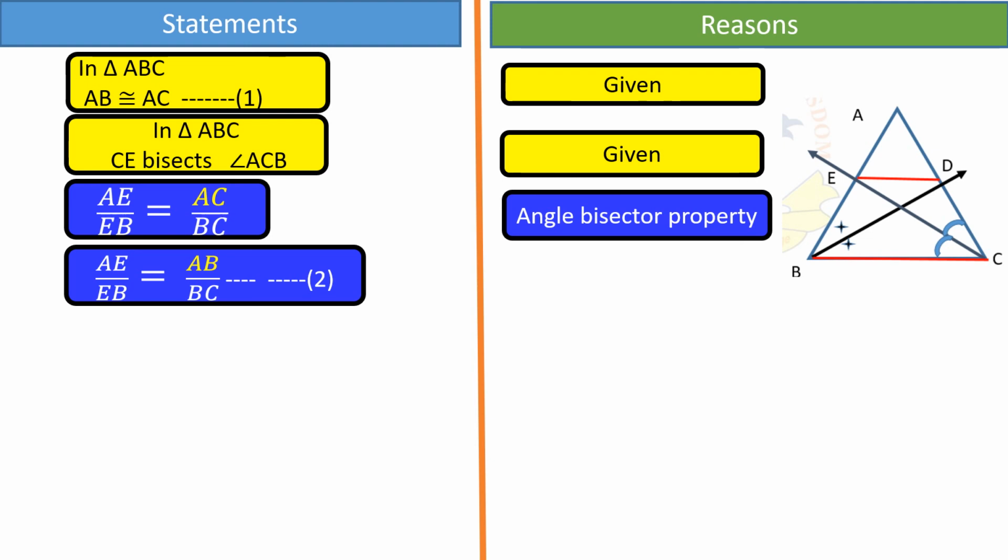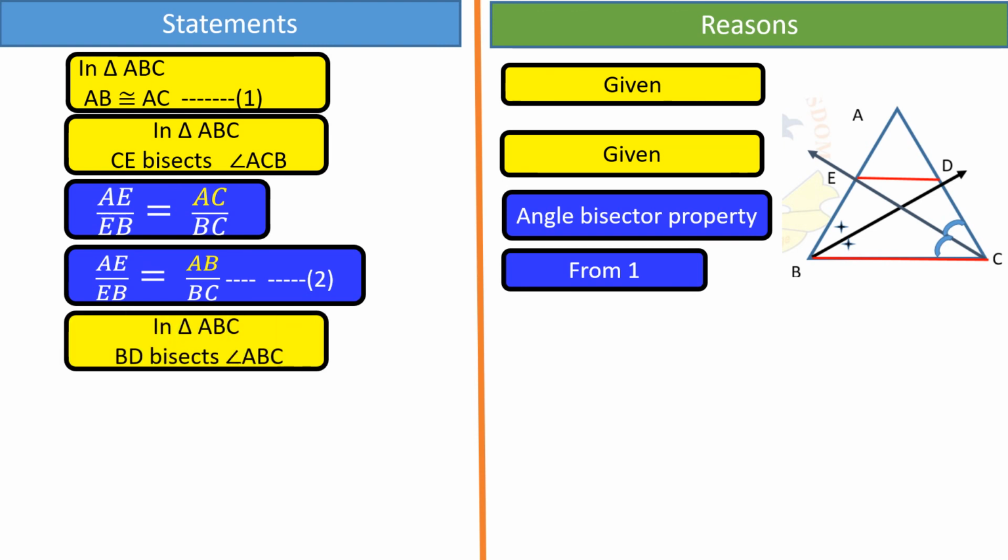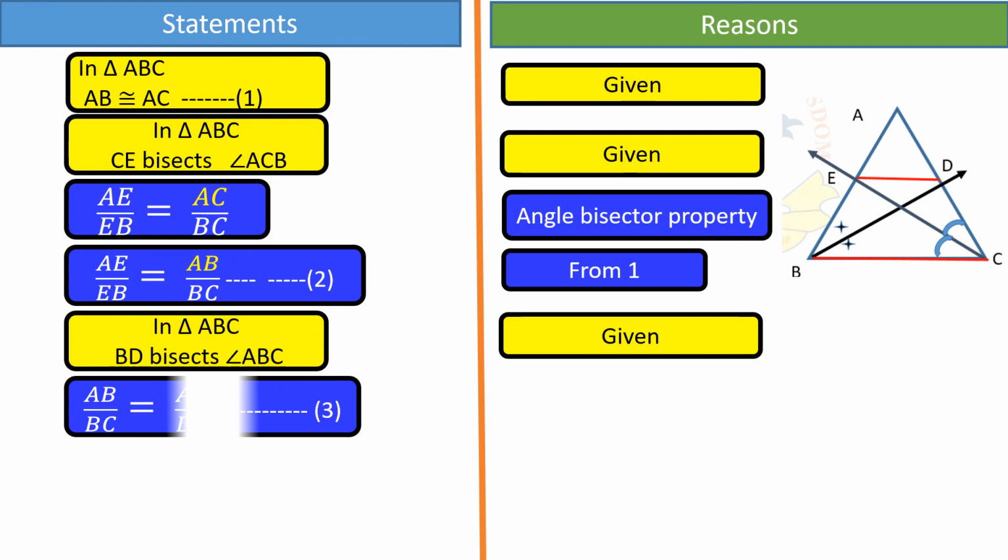The reason for this will be from equation number 1. We'll number this equation as 2. Now in triangle ABC, it is also given that BD bisects angle ABC. If BD bisects angle ABC, the reason for that is given. Then we know AB upon BC is equal to AD upon DC, which will be our equation number 3. The reason for this is also the angle bisector property.